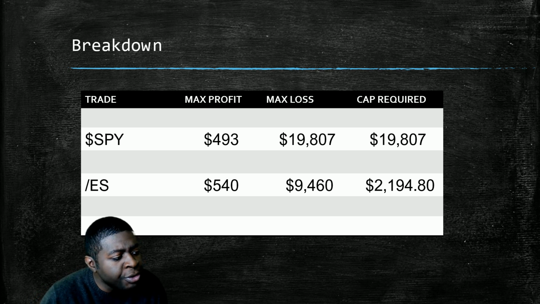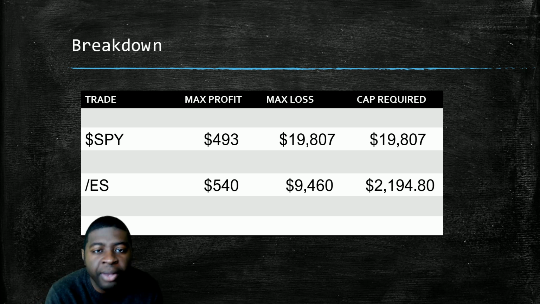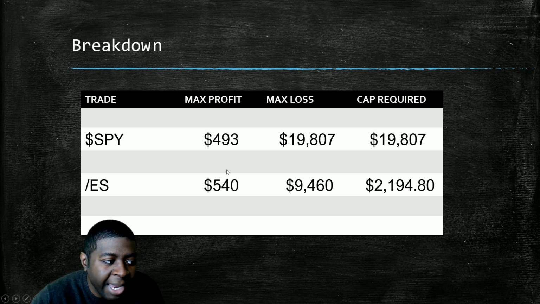So as you can see with the ES Mini, we put up about the same amount of money. We gained almost the same amount in terms of max profit, but look how much capital we actually have to put down. Very, very little capital. Again, with ES futures options, we're only putting up a portion of the capital required, yet still being able to generate significant return.